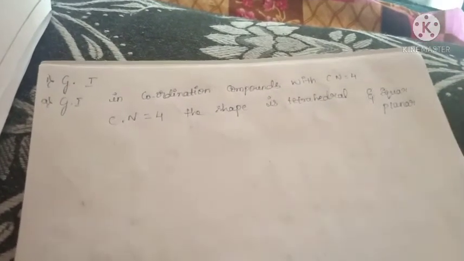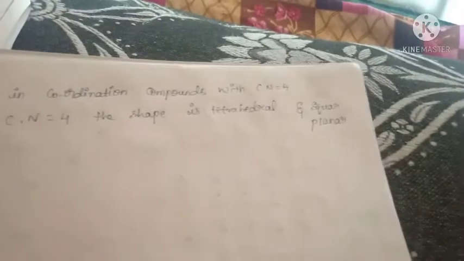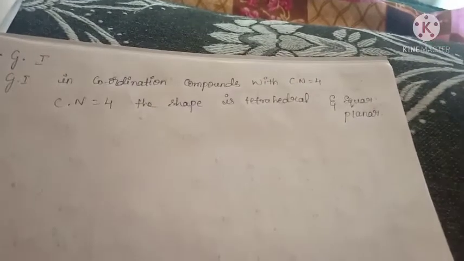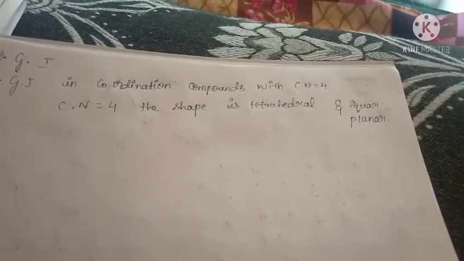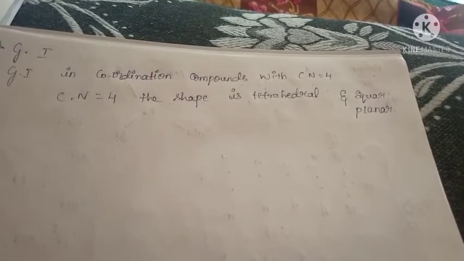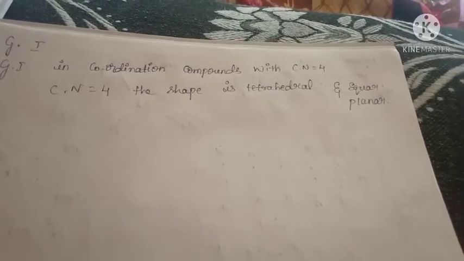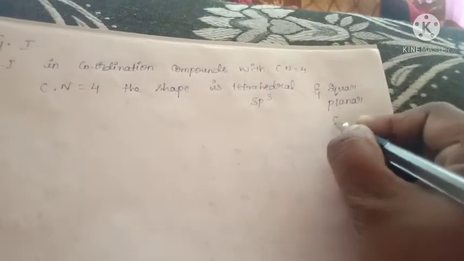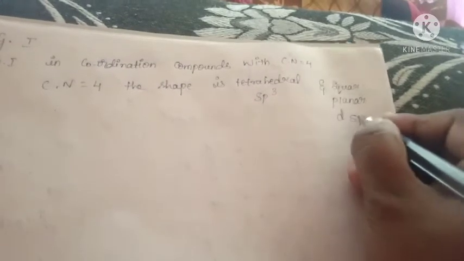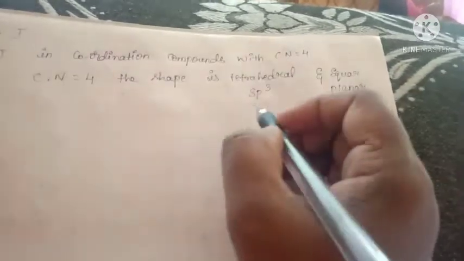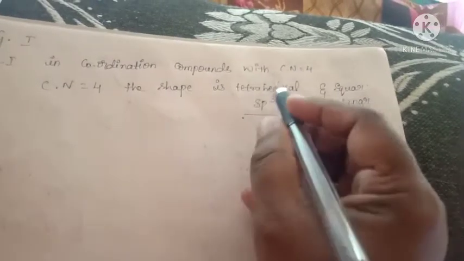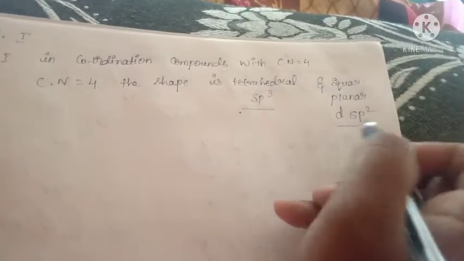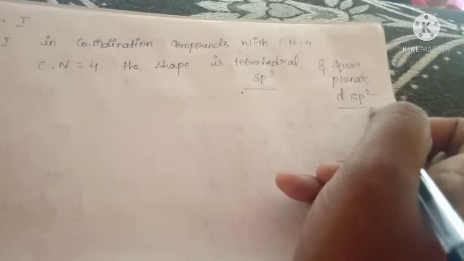Got the point? In tetrahedral, the hybridization is sp3. In square planar, it is dsp2 hybridization. The hybridization for tetrahedral shape is sp3, and for square planar it is dsp2.